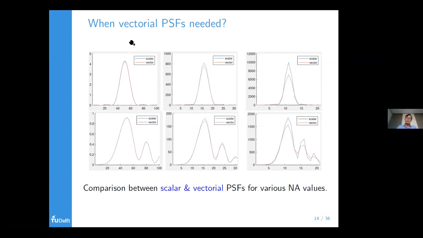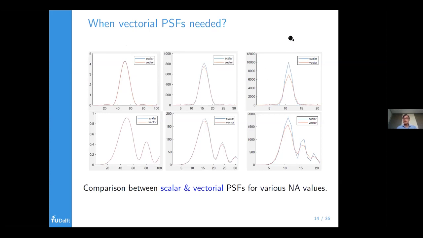The first column is for small numerical aperture, that is 0.15. We see almost no difference between the two imaging models. So in this case, we definitely do not use the vector model. And here for numerical aperture 0.55, one can observe a small difference between the two imaging models.